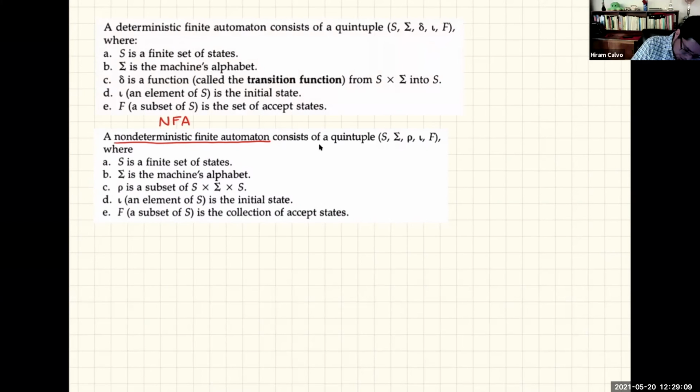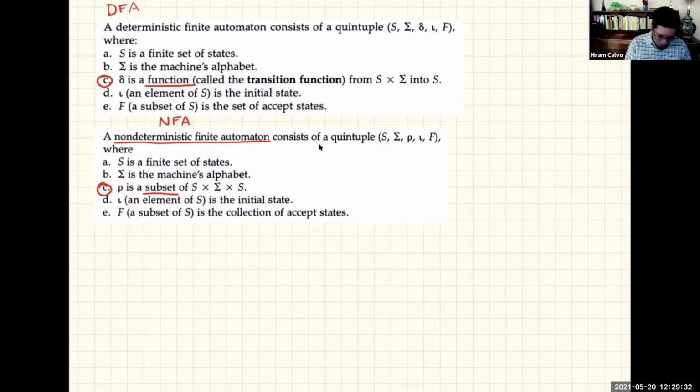So this is DFA. And today we are focusing on this part. I am asking you about delta, and you tell me, well, yes, there is no delta here. Here they call it rho. And this rho is a subset, and this is a function.